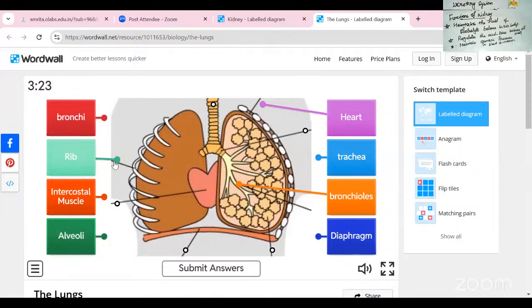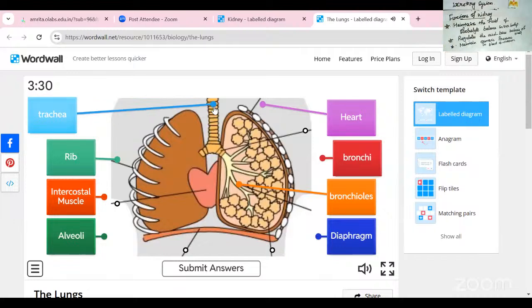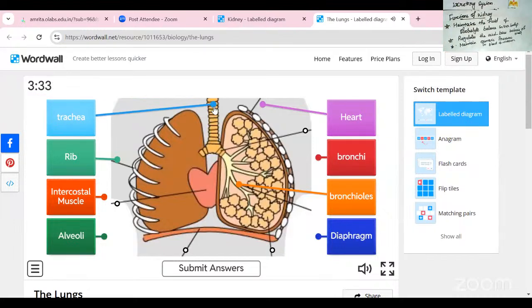Where is the trachea? I think this is the trachea part. Is this right or wrong? The center part of this organ is known as the trachea. Is this right? So this is intercostal veins.